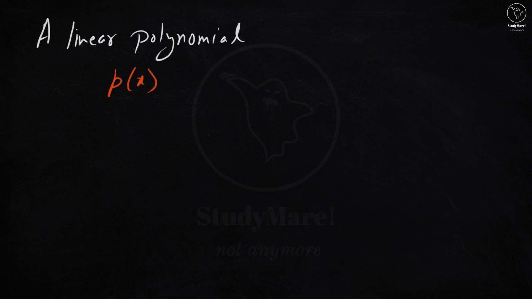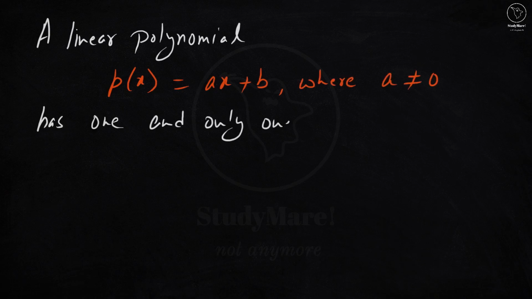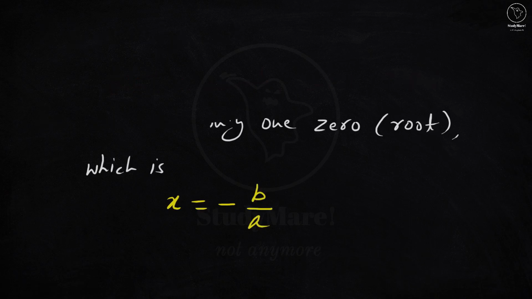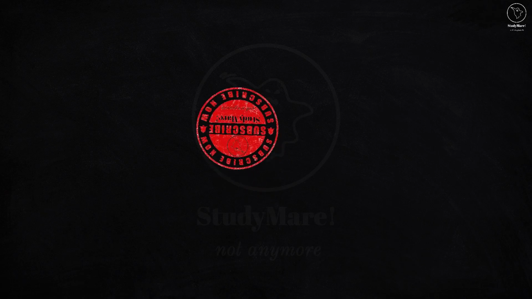So we can say that a linear polynomial P(x) is equal to ax plus b, where a is not equal to 0, has one and only one zero or root, which is x is equal to minus b by a. Now let us take some examples to understand this concept better.